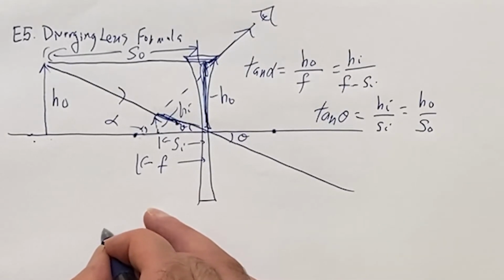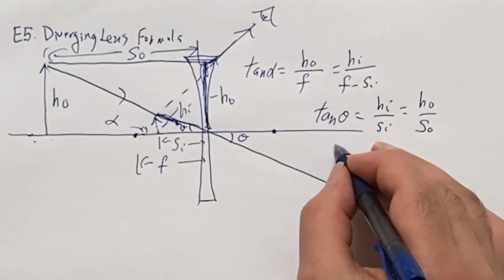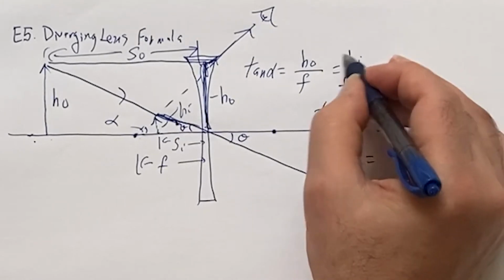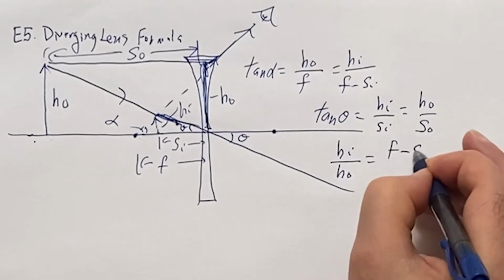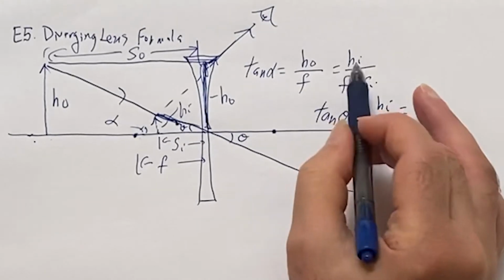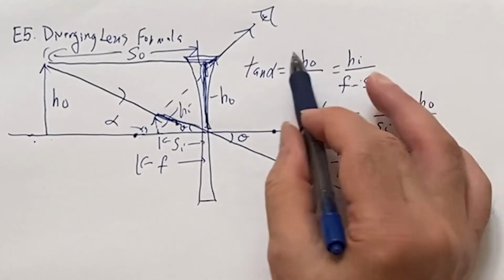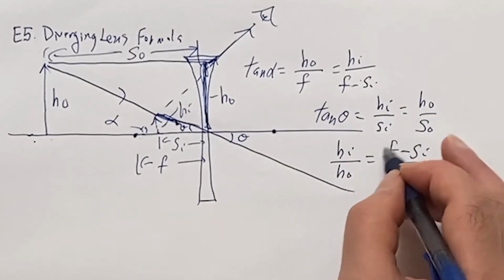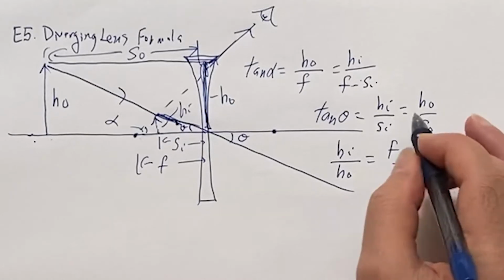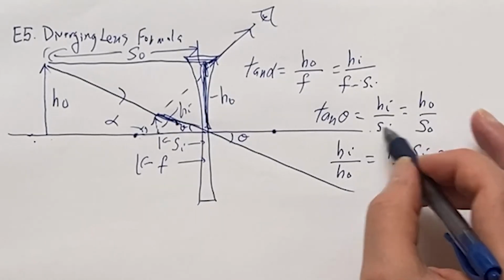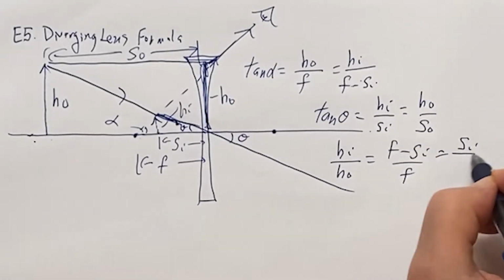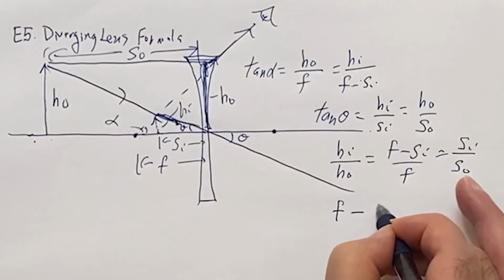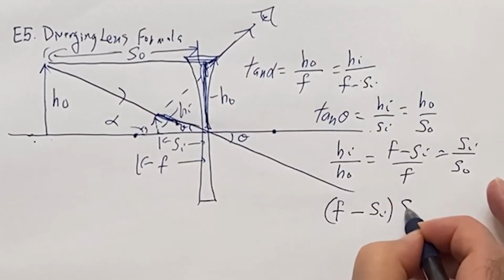So here, if we look at these and play the same game, what is HI over HO? HI over HO is F minus SI over F. Okay, bringing the HO down there and swapping, putting that over on the left. And then here, HI over HO: if you bring the HO down there, you bring the SI up there, you get that. And now we're going to do the same thing we did before. We're going to multiply this out.